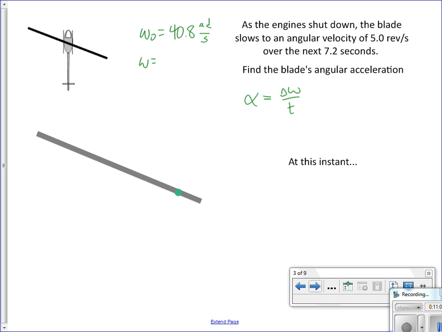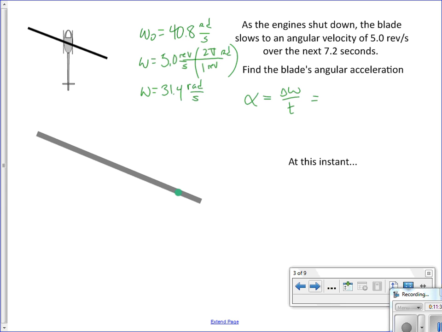Well, we now need our final. It goes to 5 revolutions per second. And let's see, 1 revolution is 2 pi radians. So omega final is 5, well, 10 times pi, duh, 31.4 radians per second.